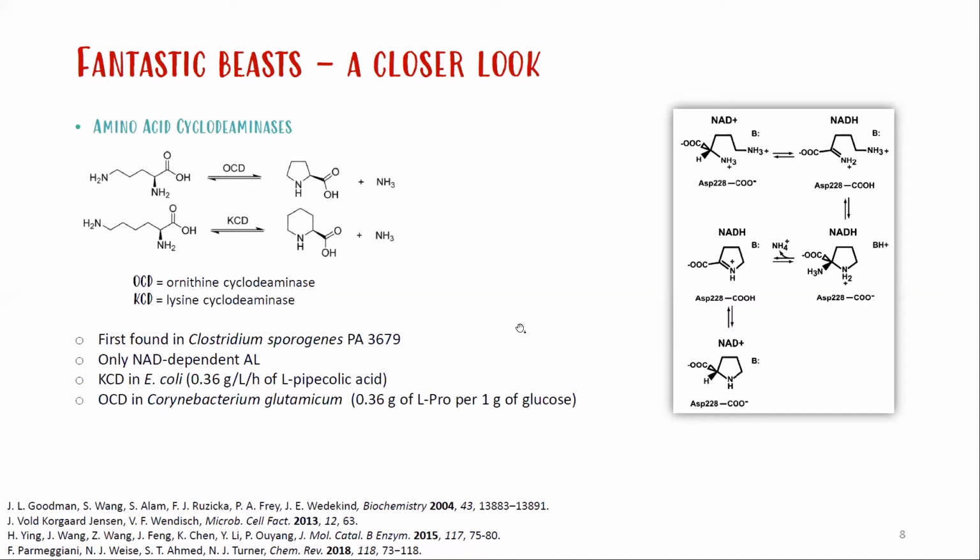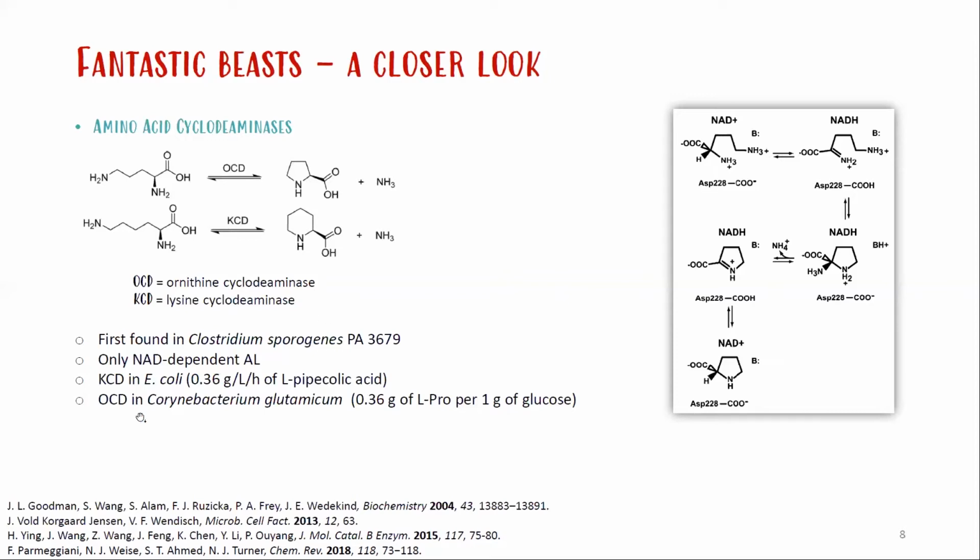So yeah, it's the only ammonia lyase that is NAD dependent, and it actually has had some, I mean, it's a pretty attractive transformation, a pretty attractive way to form, say, pipecolic acid. So it has been applied also on a fairly large scale synthetically.